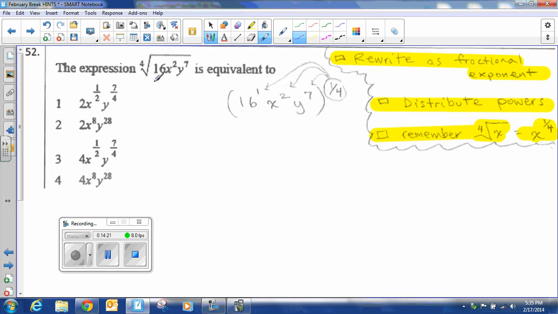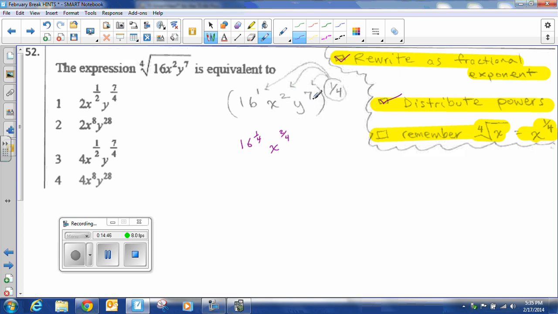Number 52, we have the 4th root, which I want you to rewrite as a fractional exponent. So as you can see, it's 1/4. Distribute the powers. And finally, here, I'll do that for you. You have 16 to the 1/4. x to the, now 2 times 1/4 is 2/4.